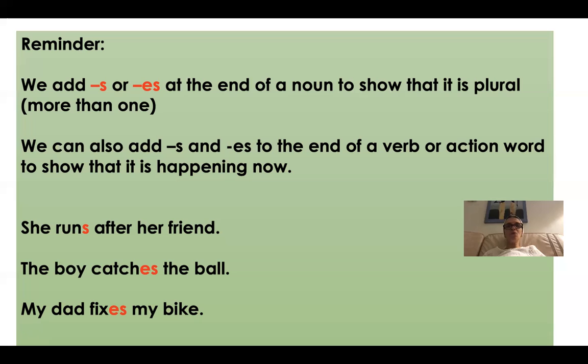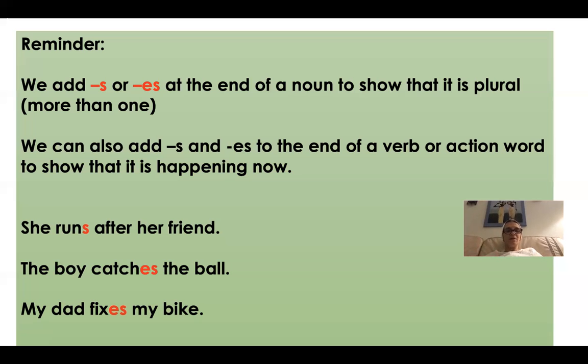When my noun or my verb ends with ch, sh, s, double s, x, and sometimes also the letter o. Some verbs end with o. When one person is doing those verbs, then I add an es at the end.